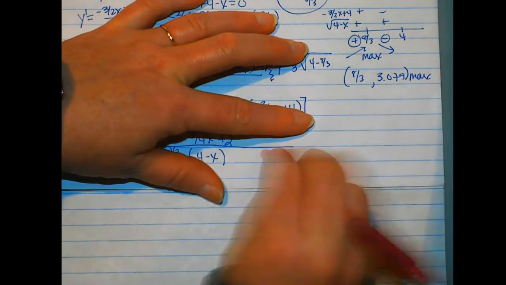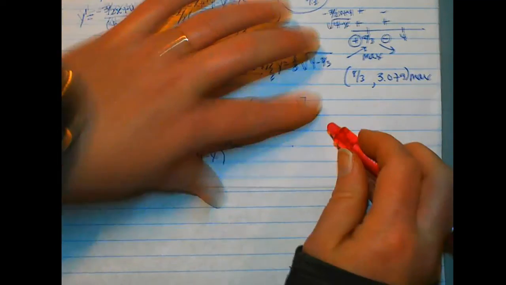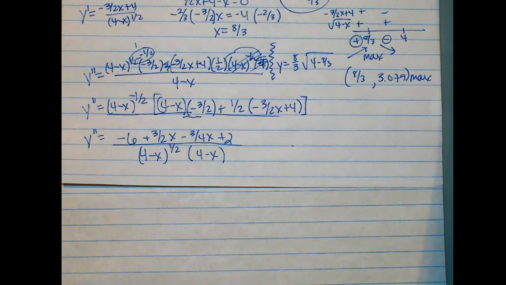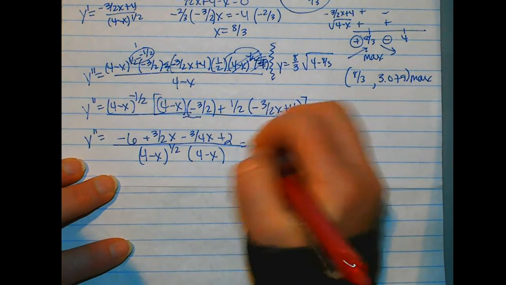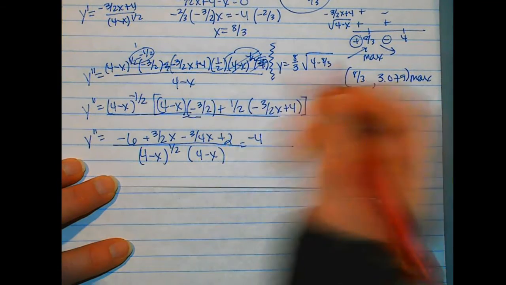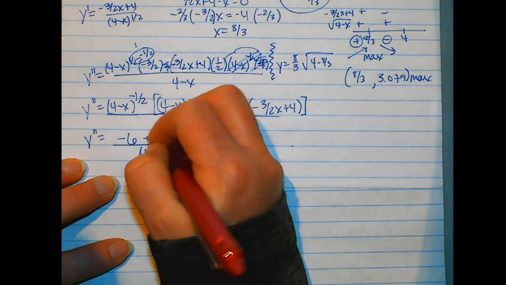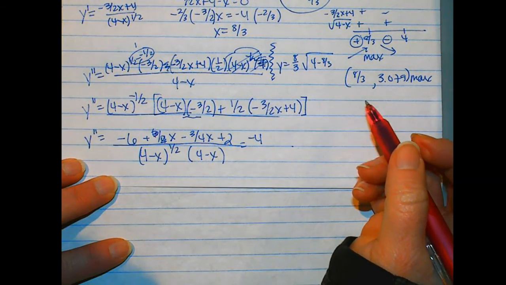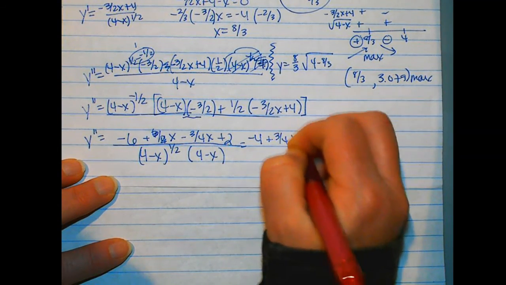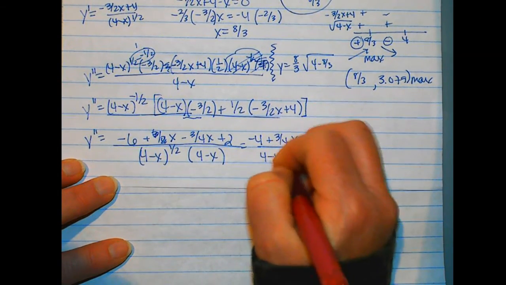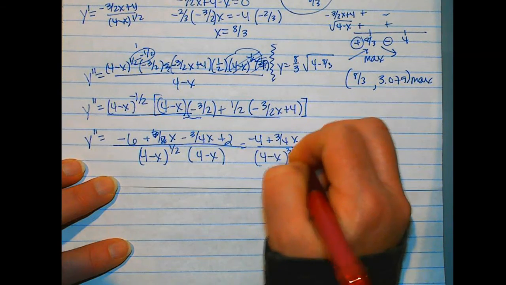How's that? Y'all have already done it, so is that right? Okay. These make negative 4, negative 4. If I make this 6/4, I can say 6/4 minus 3/4 is positive 3/4 x. All over 4 minus x to the 3/2 now.